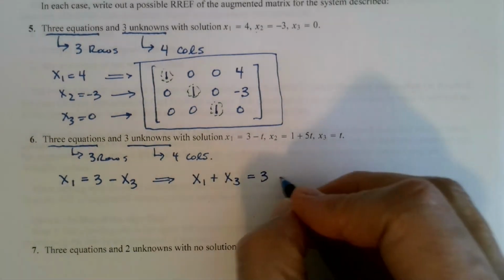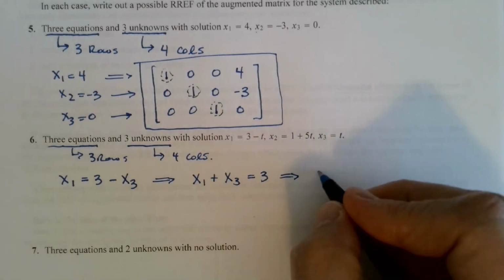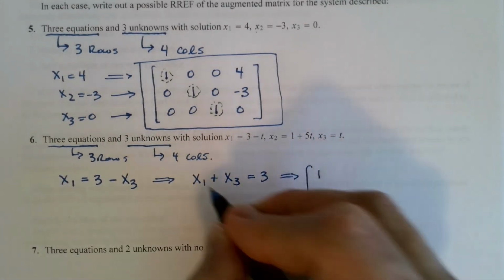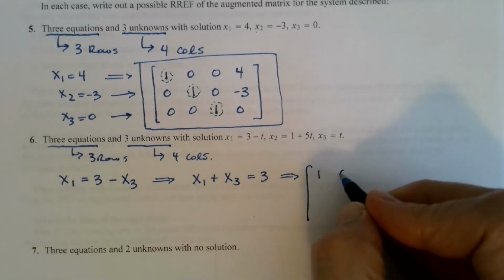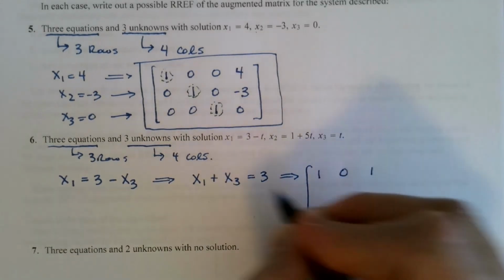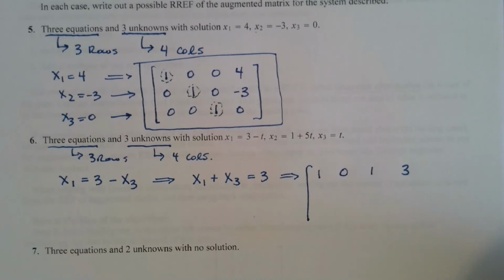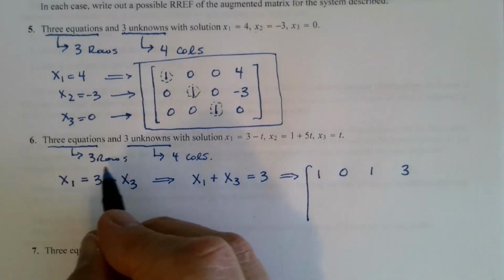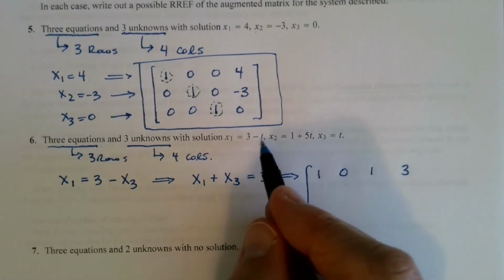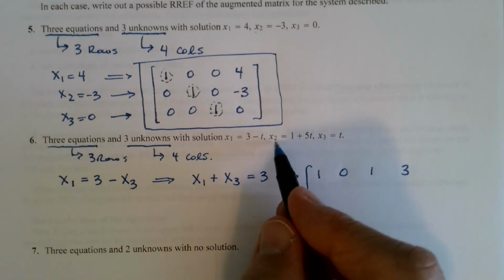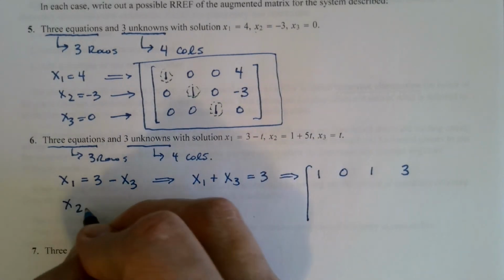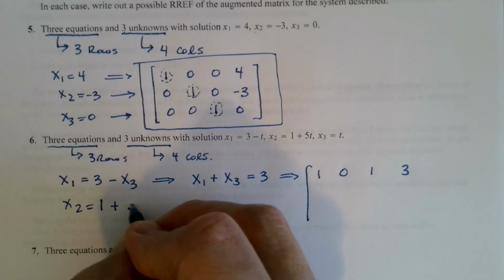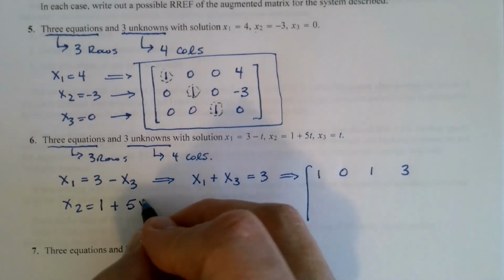And this gives me my first equation, or first row: 1x sub 1 plus 0x sub 2 plus 1x sub 3 equals 3. There's my first of the 3 rows. Okay, from this one, x sub 2 equals 1 plus 5t, but t is x sub 3.